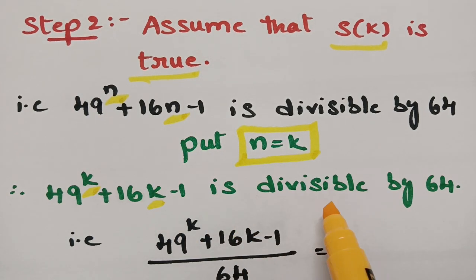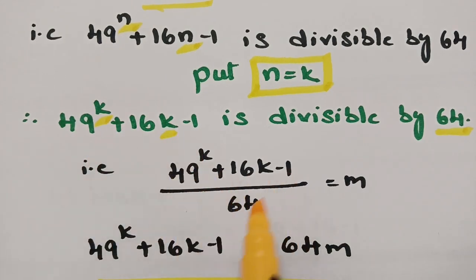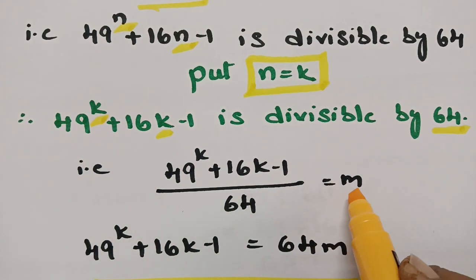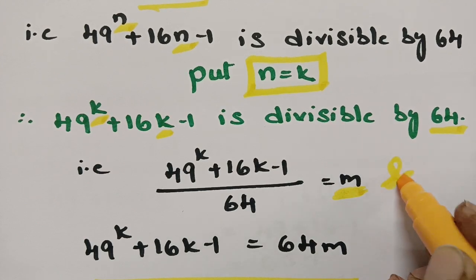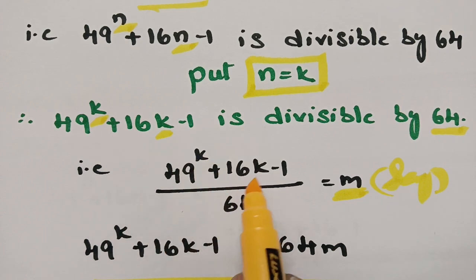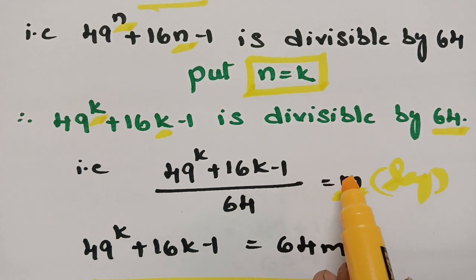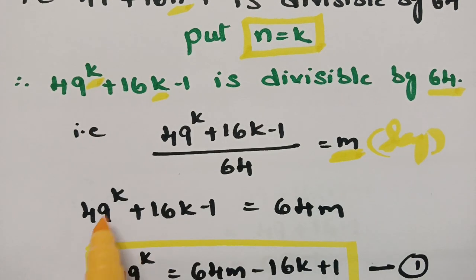So when this statement is divisible by 64, we have to assume that the quotient is m. When 49^k plus 16k minus 1 is divisible by 64, the quotient is m. If you send this 64 to the other side, this will be 49^k plus 16k minus 1 is equal to 64m. Clear?